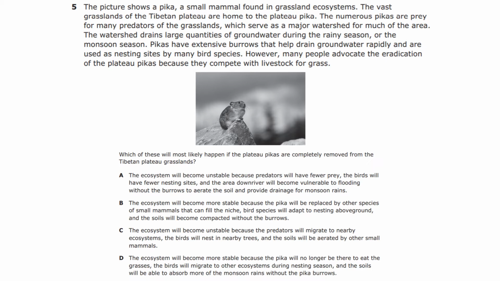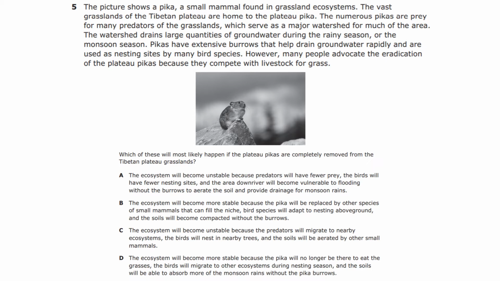So you've got 4 different choices here. 2 of them say the ecosystem is going to become more stable. So you could automatically, at the very beginning of this, rule out B and D because it's not going to become more stable, it's going to become less stable.